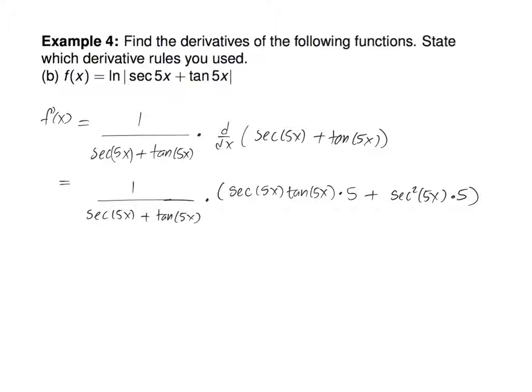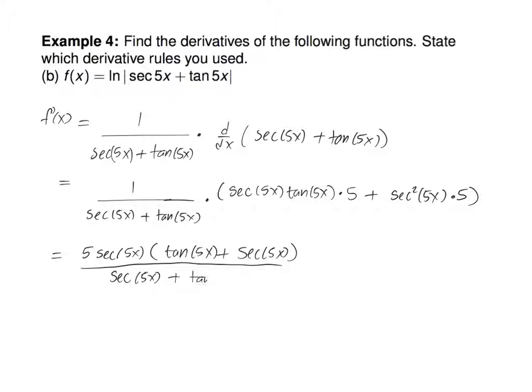Okay. Now, this can be simplified actually quite a lot. What is the greatest common factor of the thing up in the numerator? 5 and... I think they have a secant in common, right? Yeah. So that's 5 secant of 5x times tangent of 5x plus secant of 5x over secant 5x plus tan 5x.